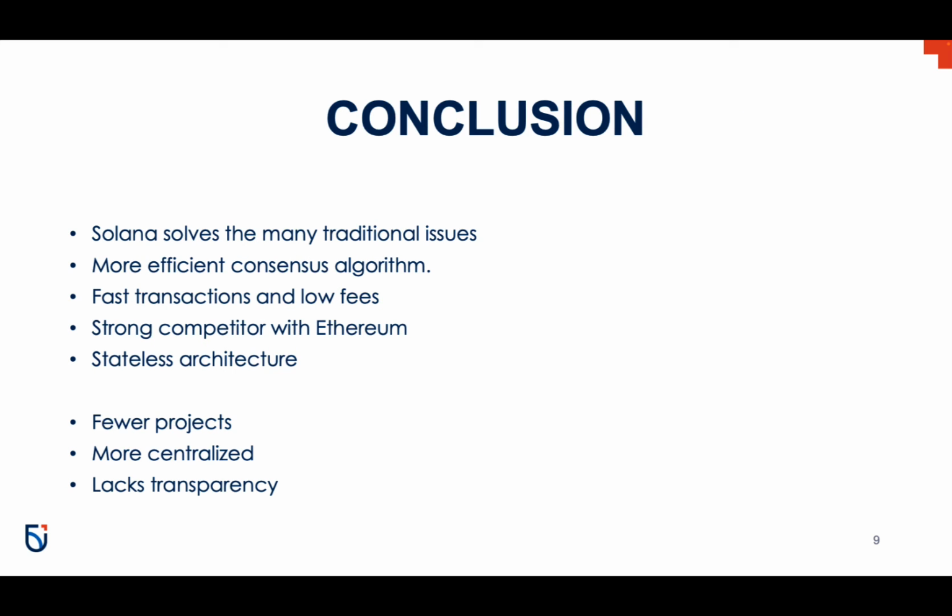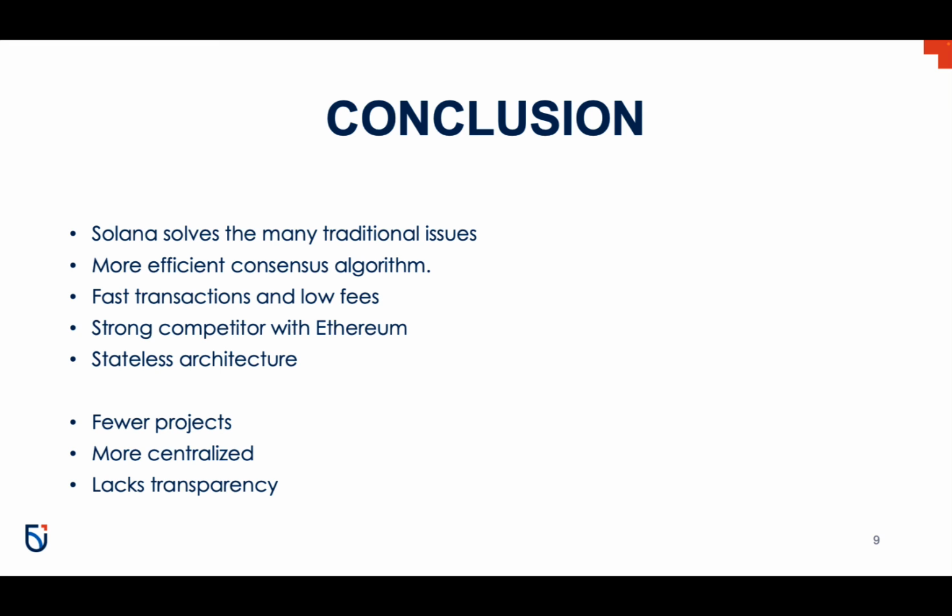Conclusion. Solana solves many of the traditional issues faced by crypto blockchain technology. Solana displays a new structure for verifying transactions and a more efficient consensus algorithm. Fast transactions and low fees for those transactions. It's a very good competitor for Ethereum.